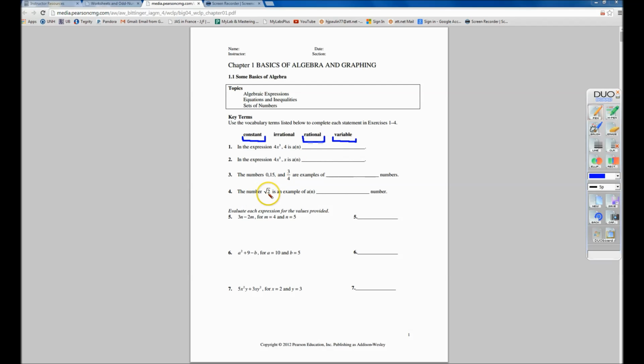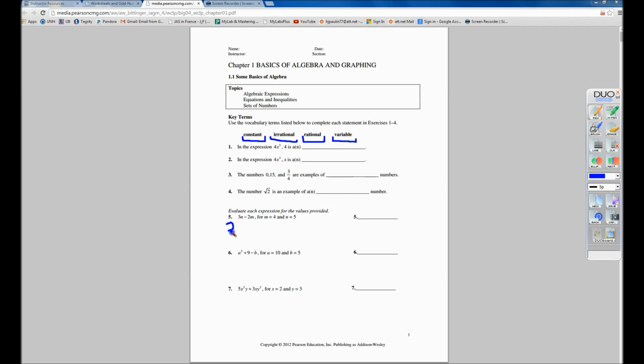And the number, the square root of 2, is an example of an irrational number. Now, what we're going to do in these next few examples, as is indicated, we are going to substitute for the letter M a 4 and for the letter N a 5. So let's go over that technique.